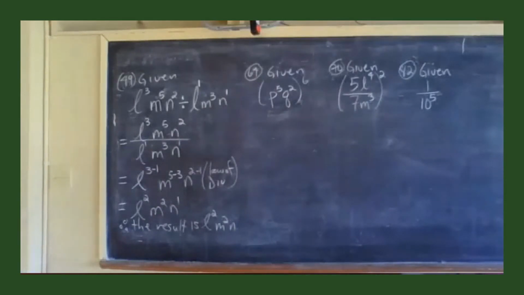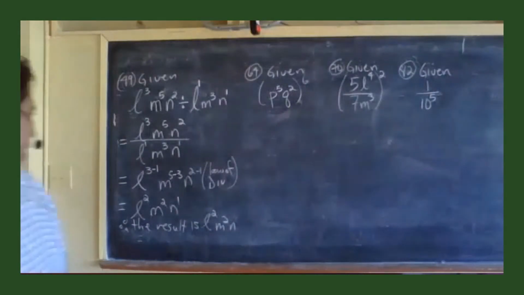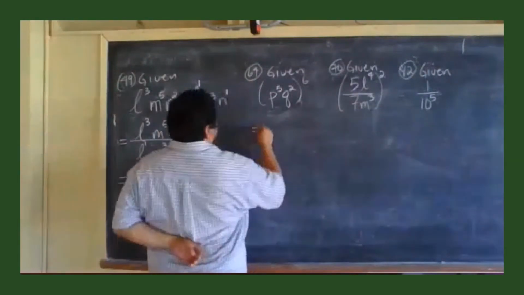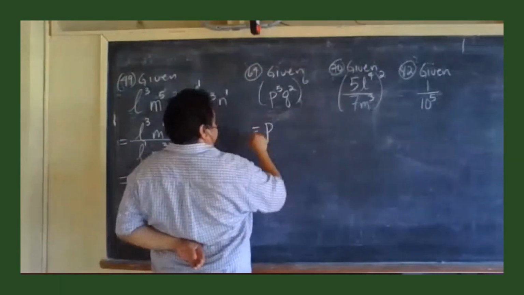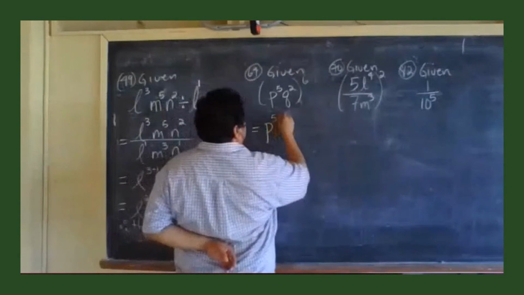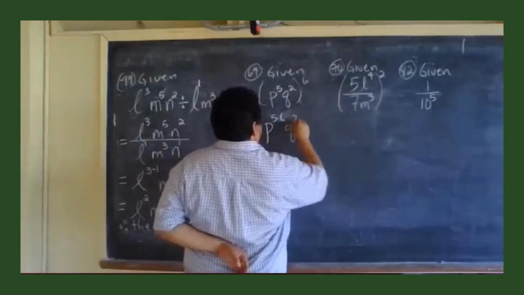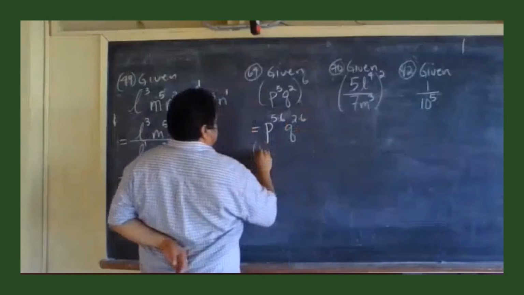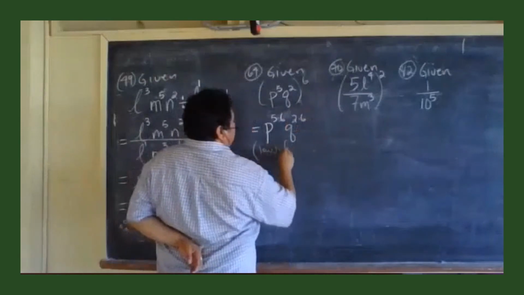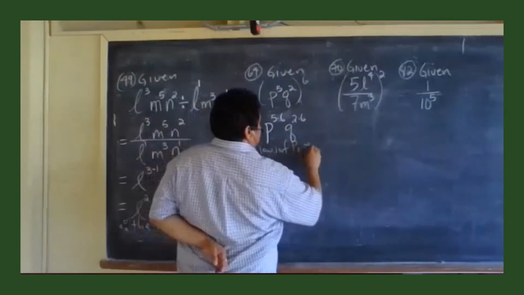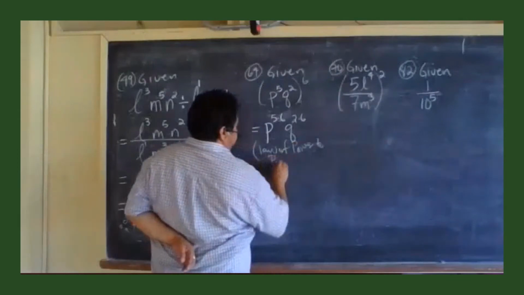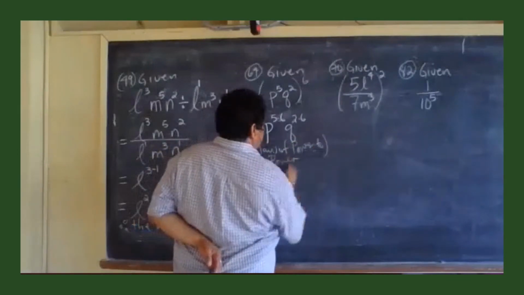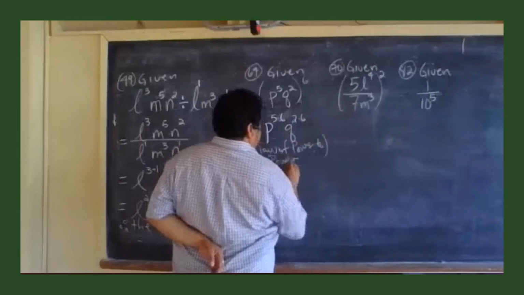All right. The second one is number 64. It says given p to the fifth, q to the second, raised to the sixth. That will be equal to p to the 5 times 6, q to the 2 times 6, and that's the law of power to power.